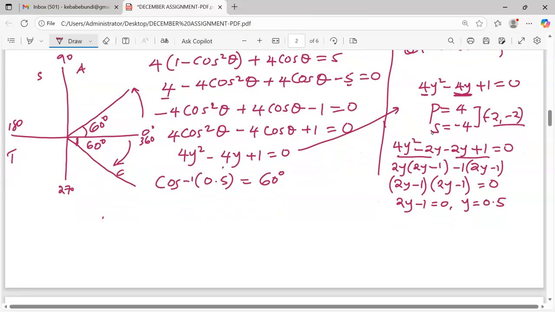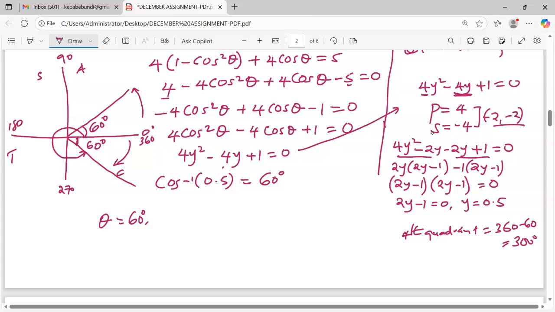Remember, the first angle, theta, will be equal to 60, measured from 0. Then the next one is going to be measured from 0 degrees all the way to this point here. That means to get the angle in the fourth quadrant, we simply take 360 minus that particular angle of 60, giving us 300 degrees.